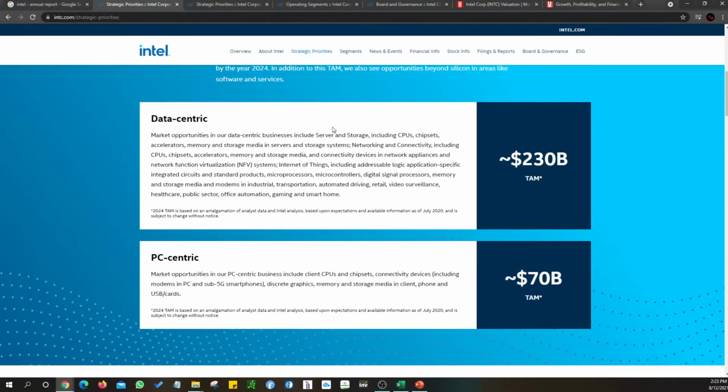So they have both cloud as well as PC. Their major revenue comes from cloud-related services and data center related services. Okay, PC is their second highest revenue generation, right?